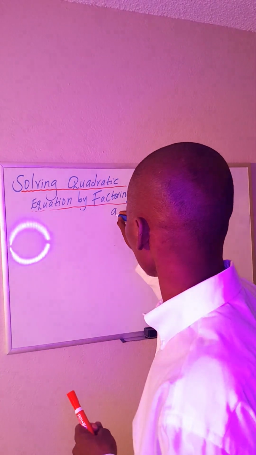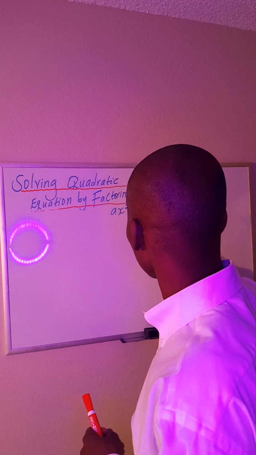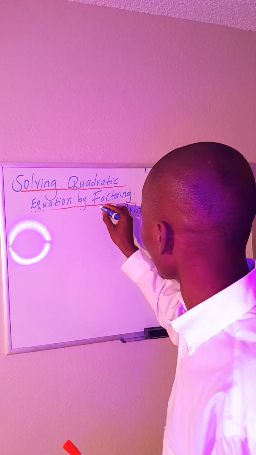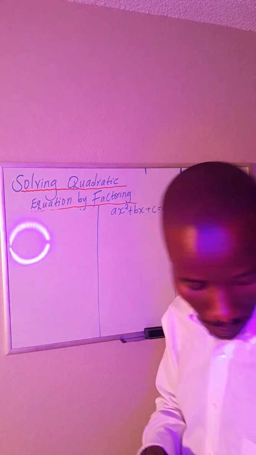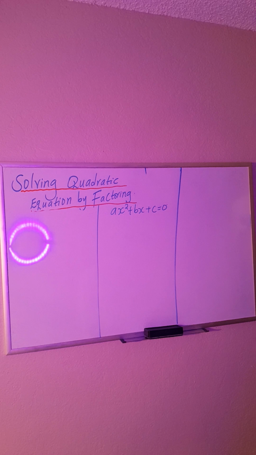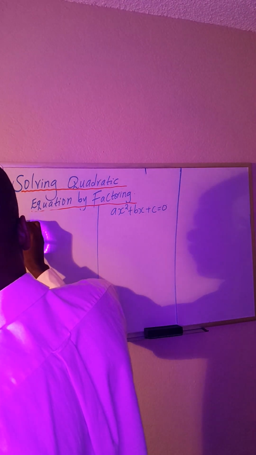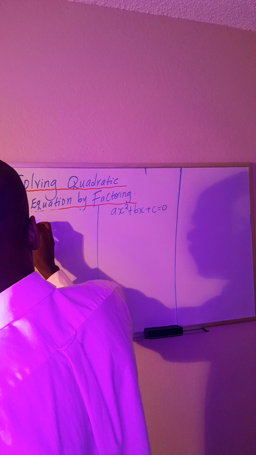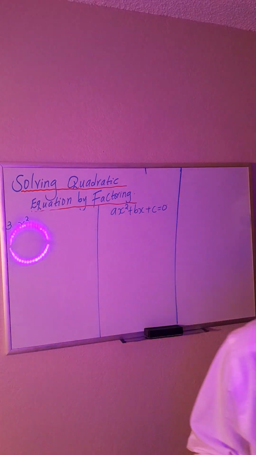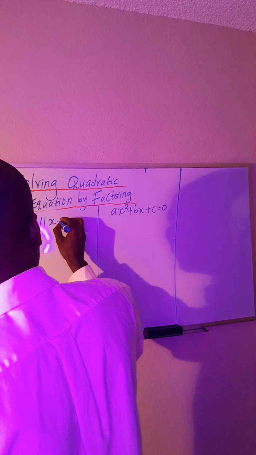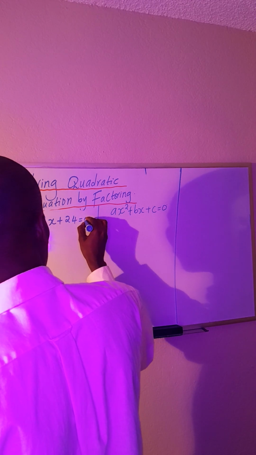We are solving ax squared plus bx plus c is equal to 0. So the next set of example questions that I want us to solve, let's say example 3: x squared plus 11x plus 24 is equal to 0.